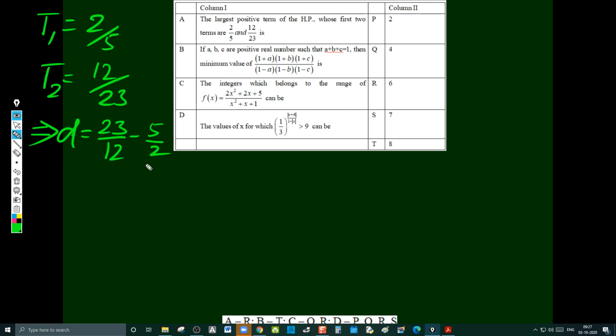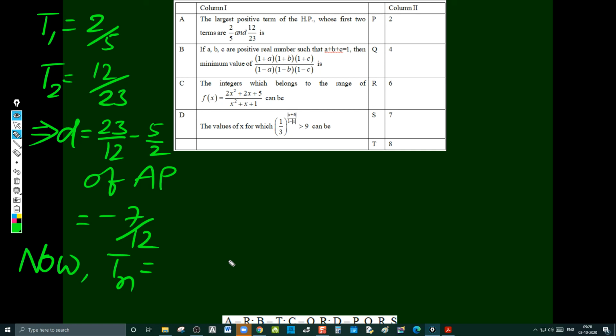Because HP you cannot solve directly unless you convert it to AP. So taking 12 LCM, 23 minus 30 gives minus 7 by 12 as the common difference. Now Tn is equal to 1 upon, why 1 upon? Because HP is to be converted to AP.